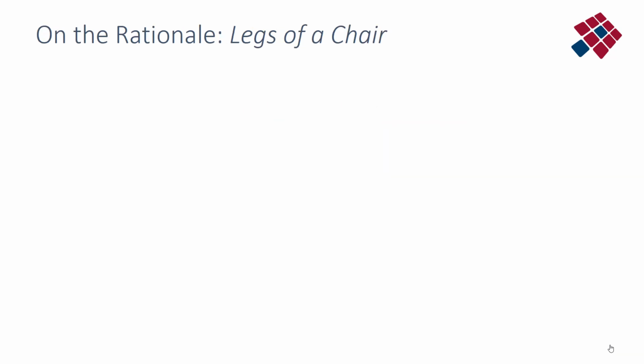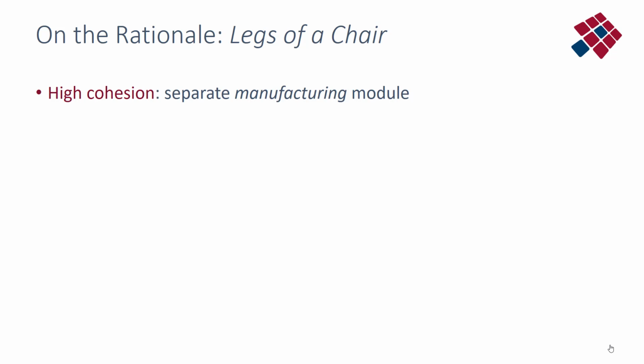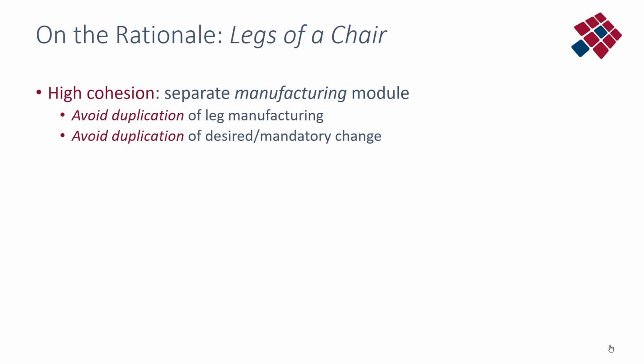So coming back, for instance, to the legs of a chair. We said modularity, we need it for complexity reduction, but also, why do we separate the modules and want high cohesion? Well, we want to avoid the duplication, for instance, of the leg manufacturing. We want to avoid the duplication of a desired or mandatory change.